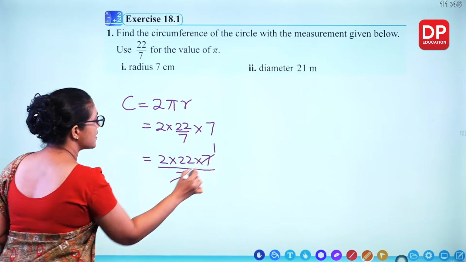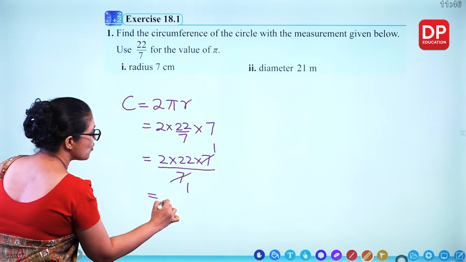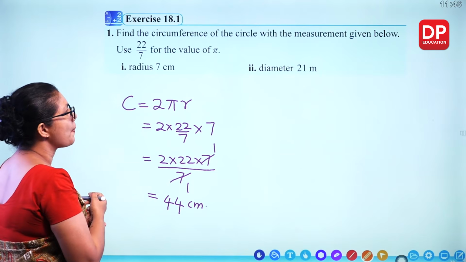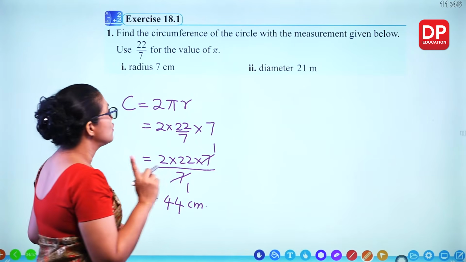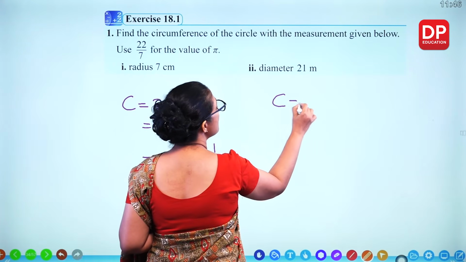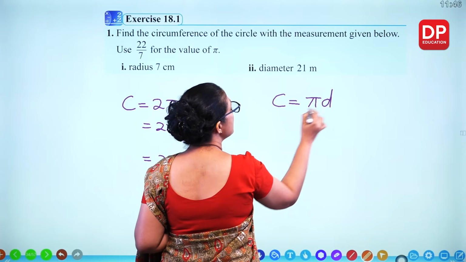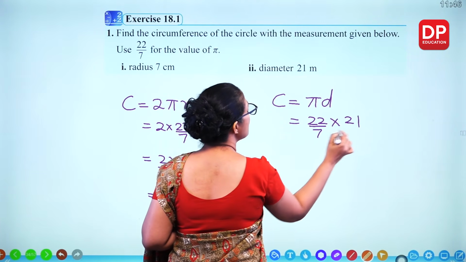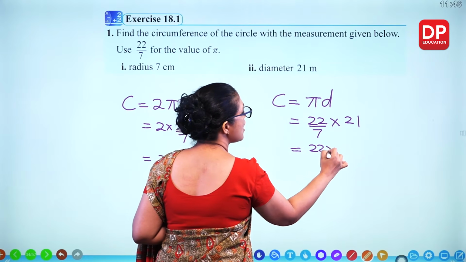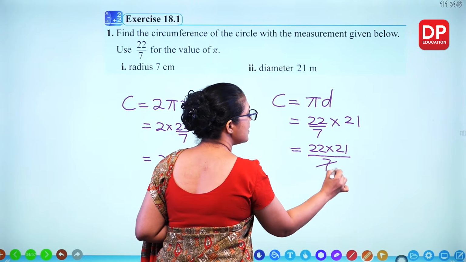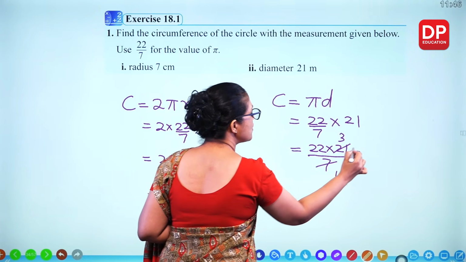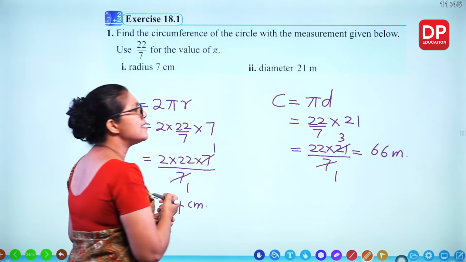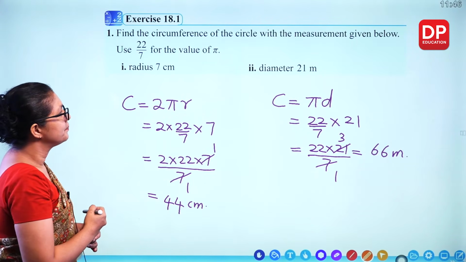Here 7 gets cancelled out. 2 times 22, you get 44 centimeters. Now the diameter is given. So what's the formula we can use? Pi d. So pi is 22 over 7 and d is 21. So 22 times 21 over 7, you get 3 times 22, 66 meters as the circumference.